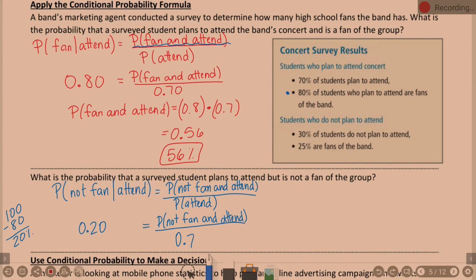How do we do the math here? Again, it was dividing, so we're going to multiply. Notice it's going to be multiplying when we do these. So, probability of not being a fan and attending of the entire group is going to be 0.2 times 0.7. What is 0.2 times 0.7? 0.14, which is 14%.